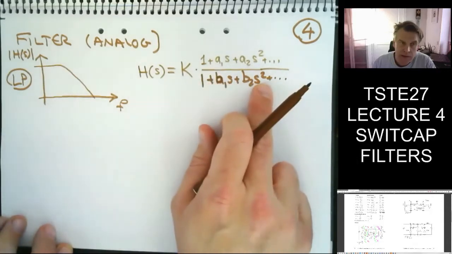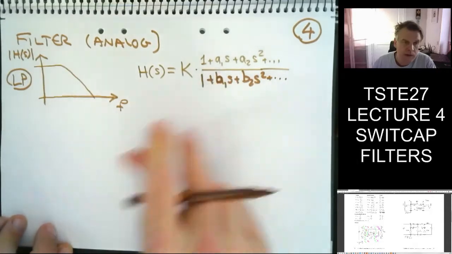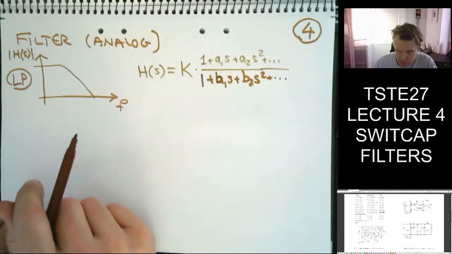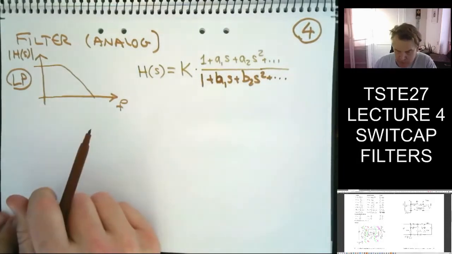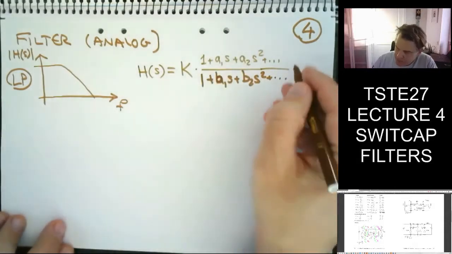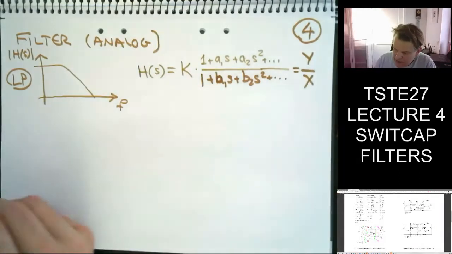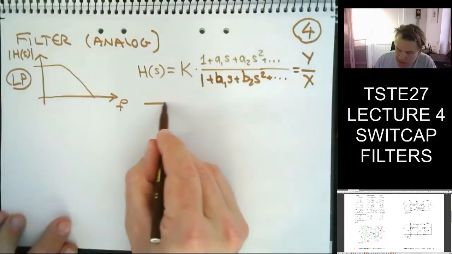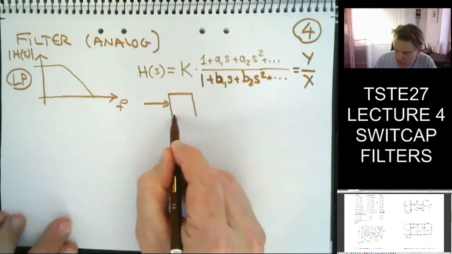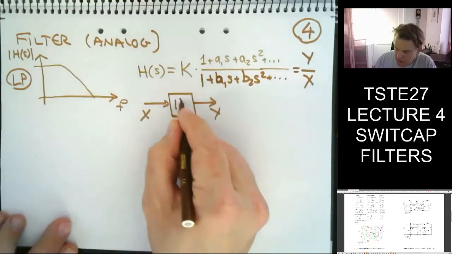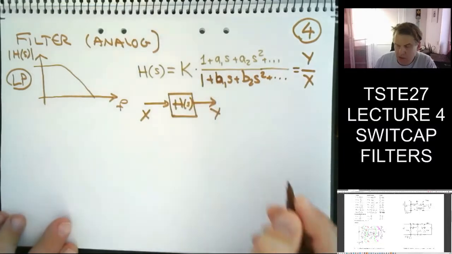So in this particular case, with the 2 here, I would have to have 2 accumulators if the dots are not there. So, okay, let's just state the obvious, perhaps. Y divided by X. So I imagine I have a black box like this. I have my Y and my X and my H of s here in the middle. That's my filter.